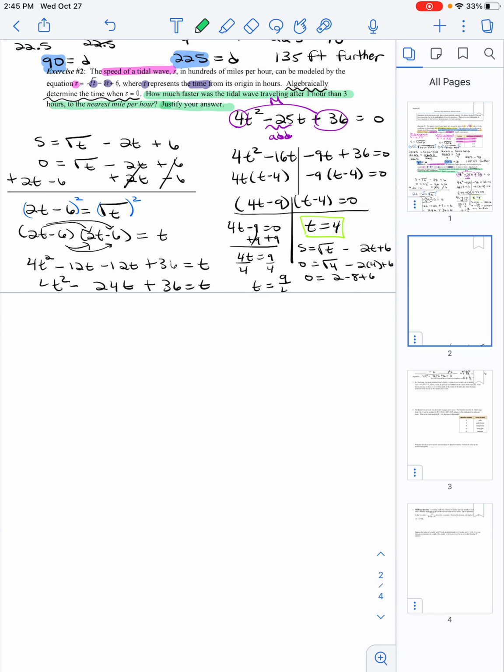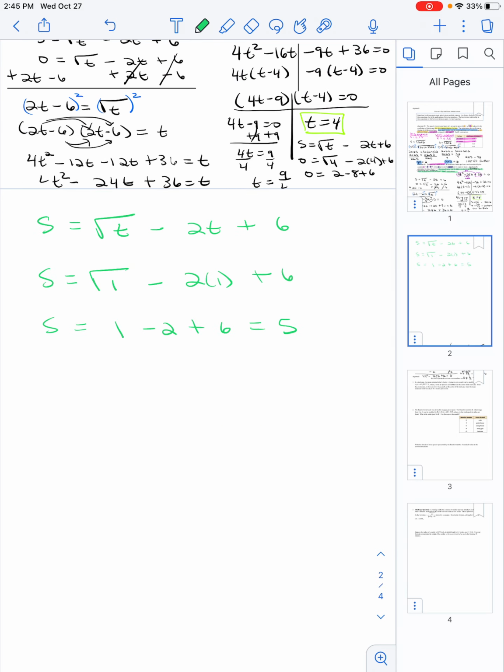So for this part of the question, I'm going to rewrite my equation. First, I'm going to plug in a 1 for t for 1 hour. So the square root of 1 minus 2 times 1 plus 6. So s equals 1 minus 2 plus 6. That's going to give me 5.